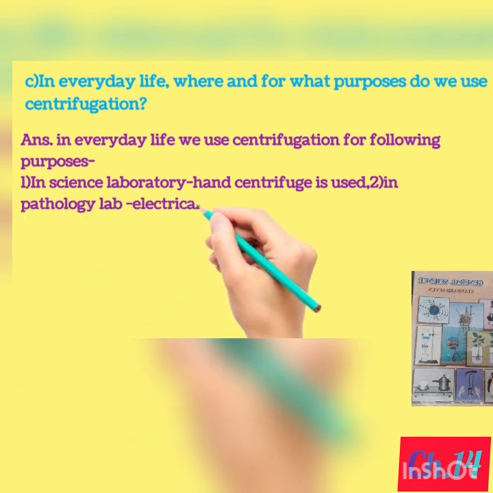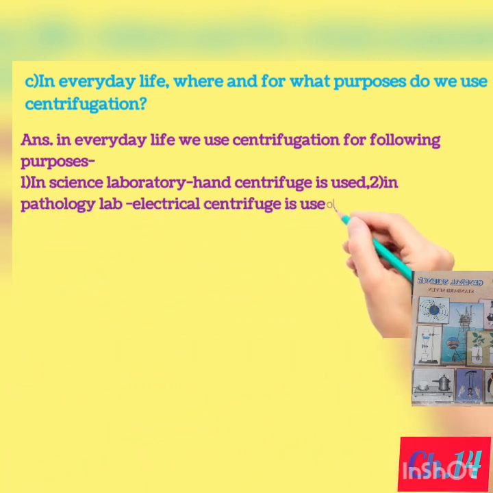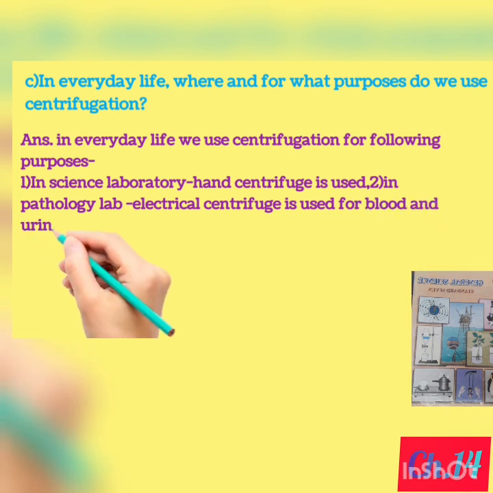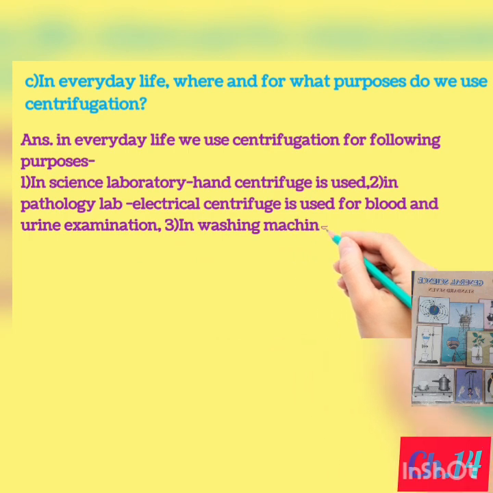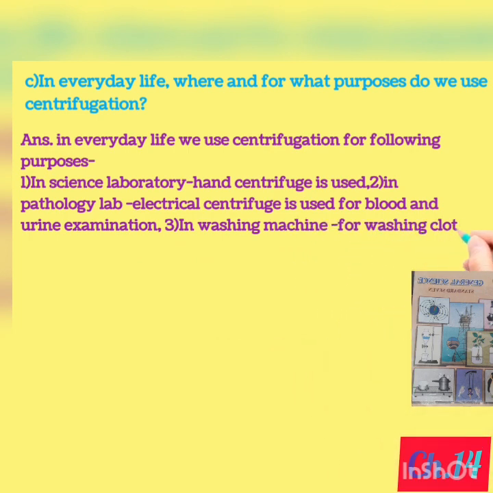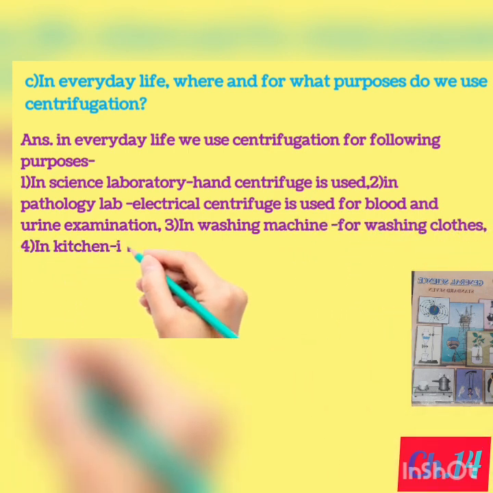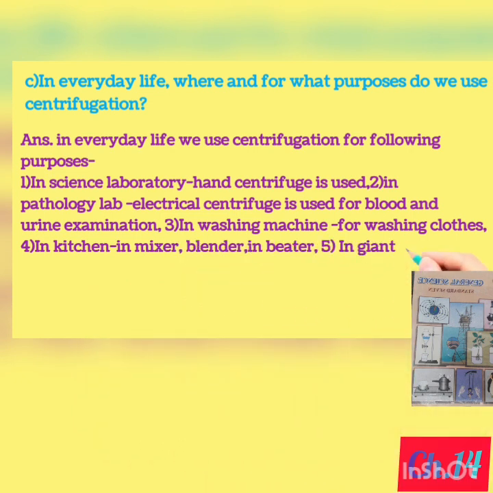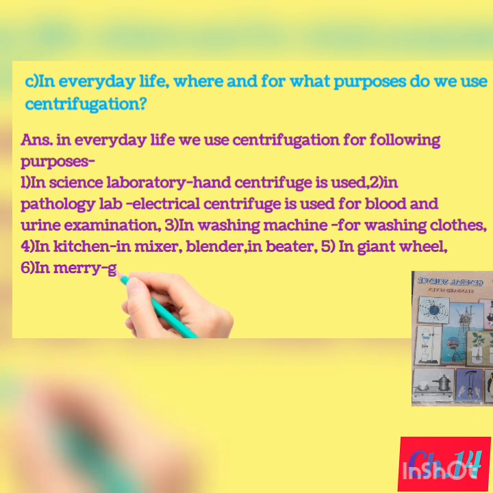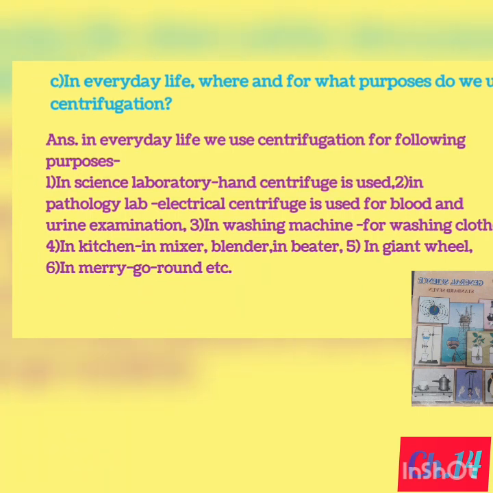In pathology laboratory, electrical centrifuge is used for blood and urine examinations. In washing machine, for washing clothes. In kitchen, in mixer, blender, in beater. In giant wheel, also it is useful. In merry-go-round, it is used.